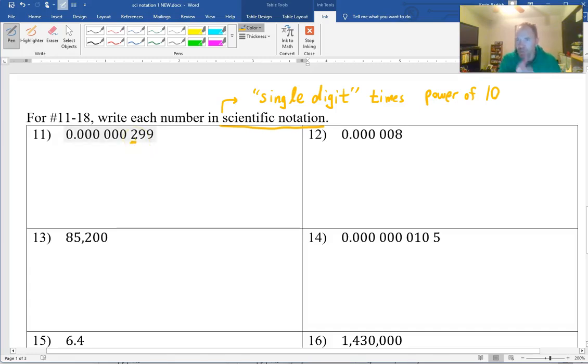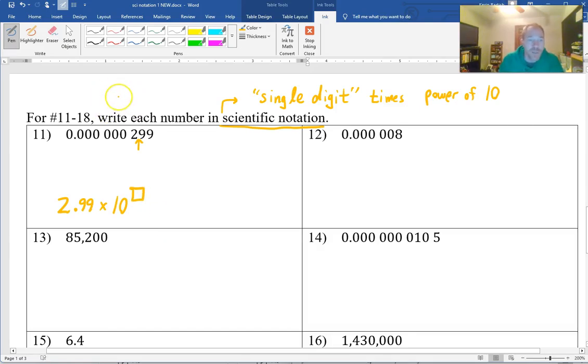You might say, but don't you need the 9 and the other 9? I go, yes. So what's going to happen is the decimal point is going to end up between the 2 and the first 9. So my answer is going to be 2.99 multiplied by 10 with some power, some exponent. And that's now the part to figure out, what's the exponent.